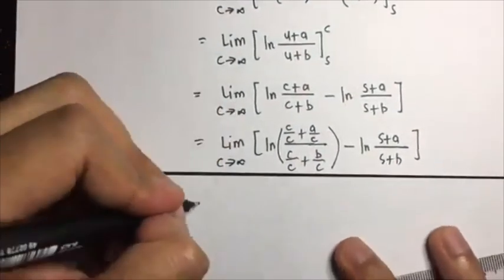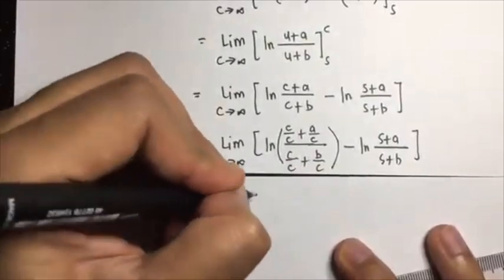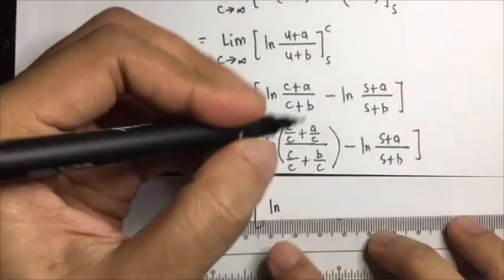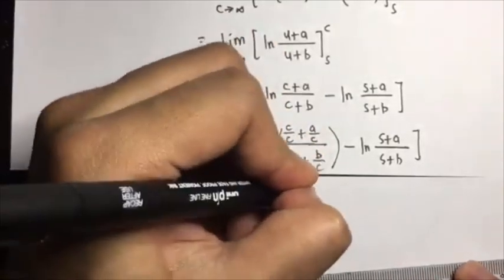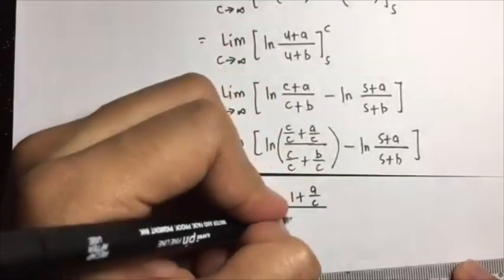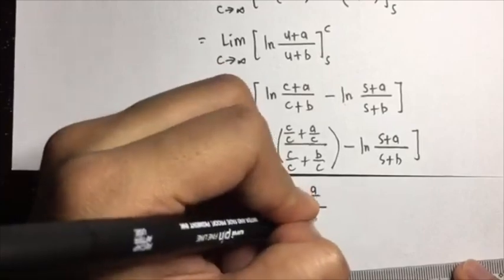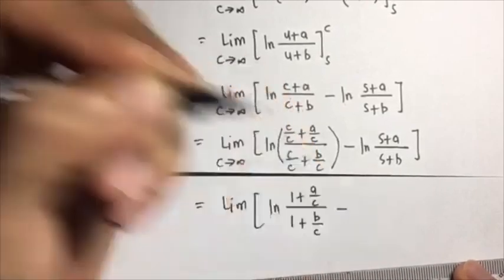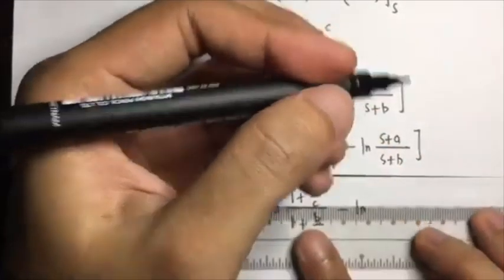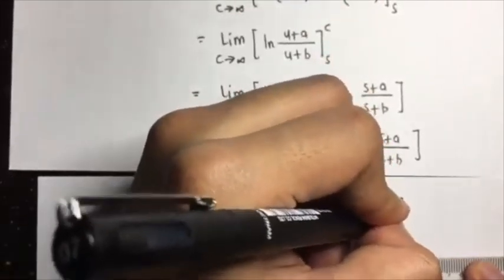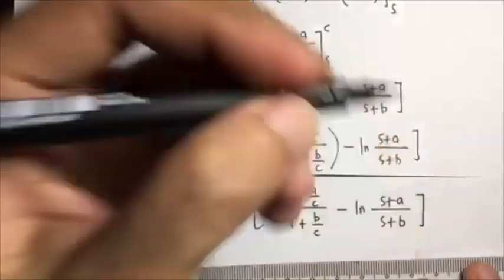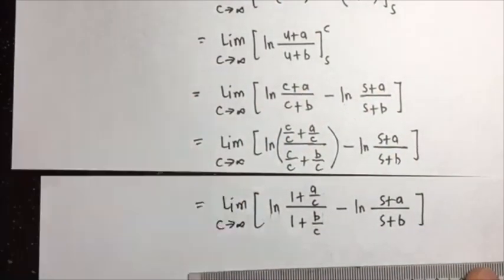Okay, so this will become the limit of ln of 1 plus a over c over 1 plus b over c, minus ln of s plus a over s plus b, as c approaches infinity.